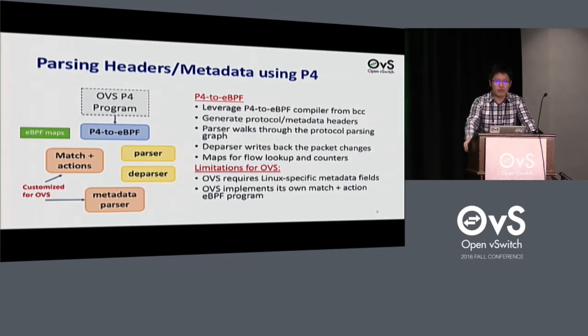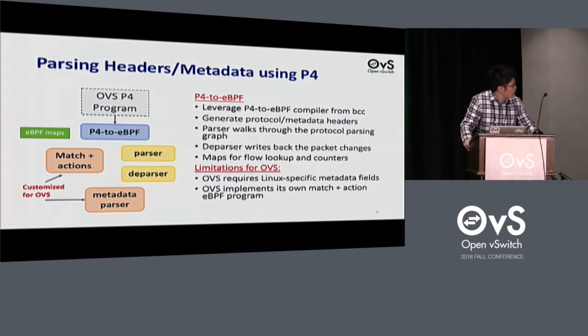And then P4 to eBPF will generate the eBPF program for us. It generates a parser, which works through the protocol parsing graph, and a deparser, which we use at the last stage: when we have some packet modification, the deparser will write back to the packet. It also generates maps for the flow lookup and counters.